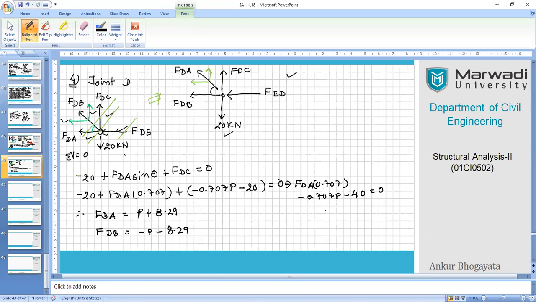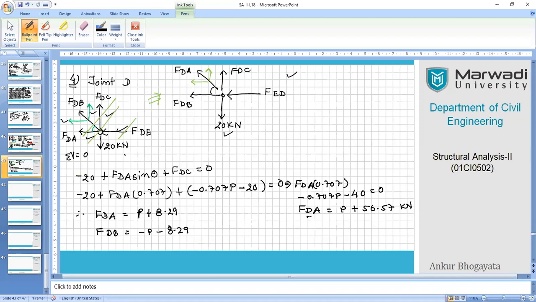So let's go ahead and divide the things. 40 divided by 0.707 gives you 56.57. So FDA I will be getting as P plus 56.57 kilonewton.